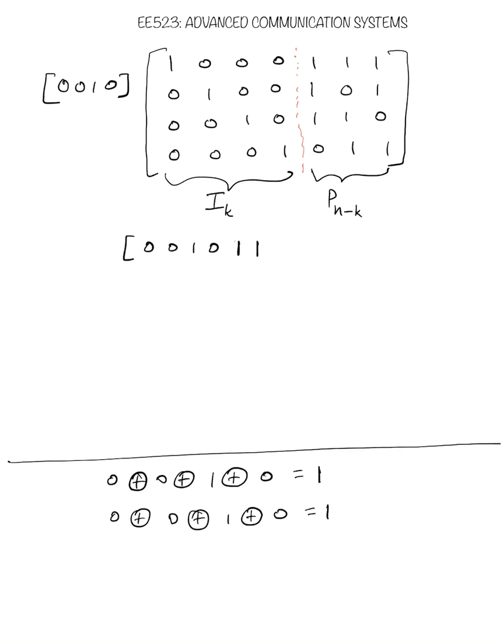So it is 0 into 1, which is 0, 0 into 1 also 0, 1 into 0 is 0, and 0 into 1 is also 0, so it's 0 plus 0 plus 0 plus 0, which is 0. So the parity bits that we have here are 1 1 0.